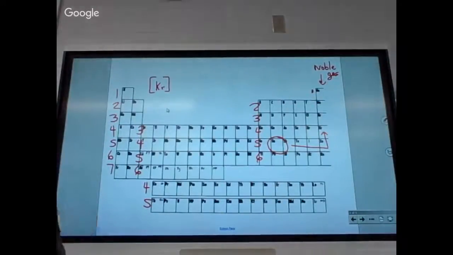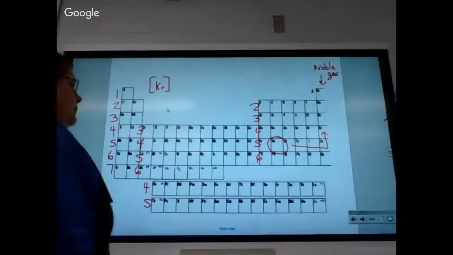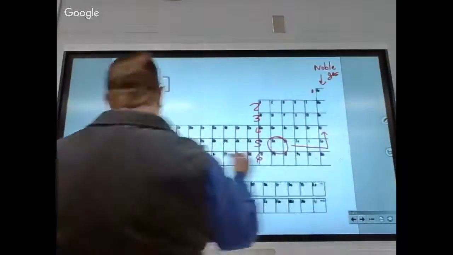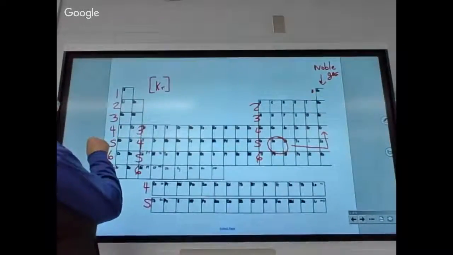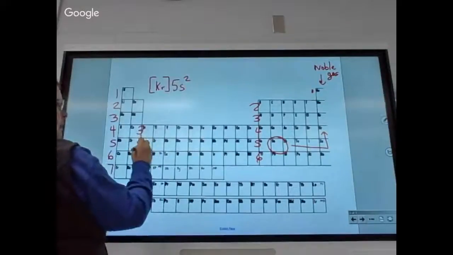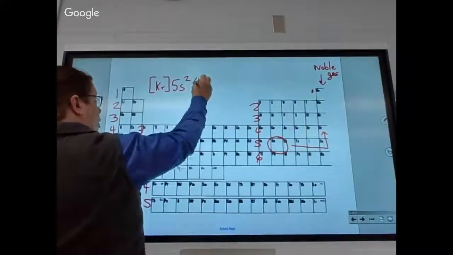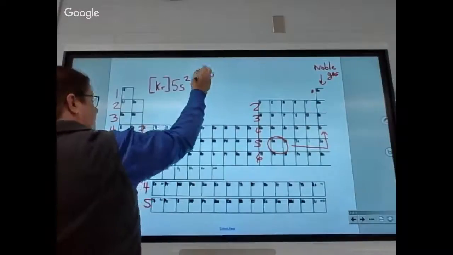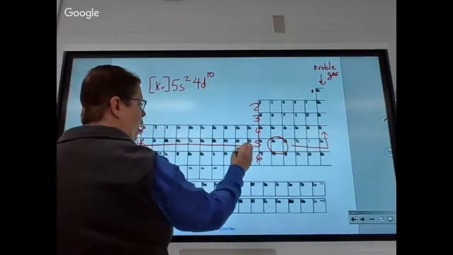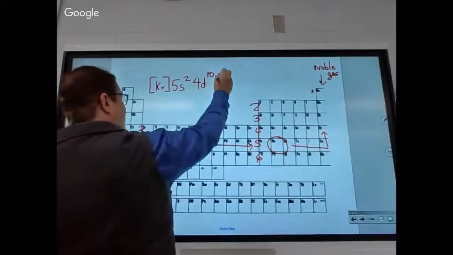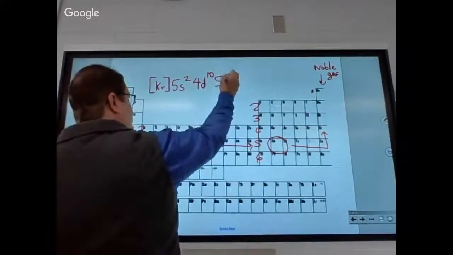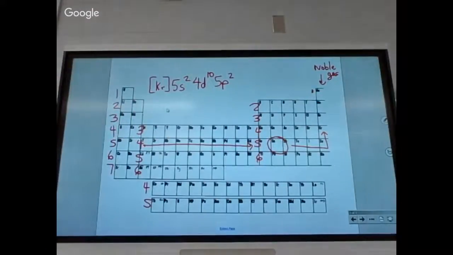Kr. Now, if we're in Kr, come around here and we have what? 5s2, 4d10. Remember, we're going 4d all the way across. 5s2, and 5p2.